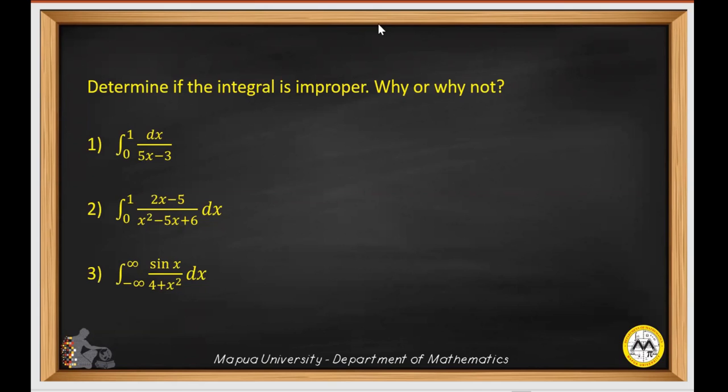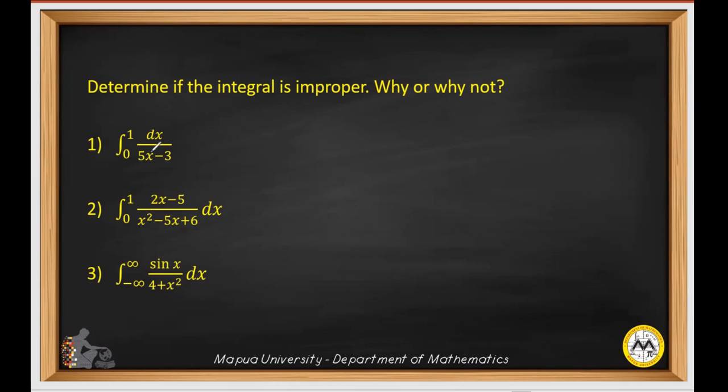Okay, in the first definite integral, the integral of dx over 5x minus 3 from the lower limit 0 to the upper limit 1, if we do not know how to recognize an improper integral, then we will simply evaluate the definite integral without knowing whether the given integral is improper or not.